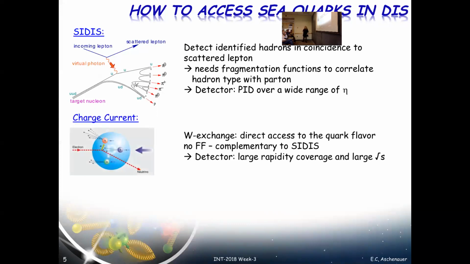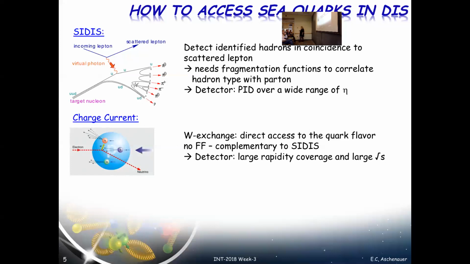Then we have charged current, which is actually very nice because you have direct access to the flavor. You don't need fragmentation functions, so it is a very nice complementary check. For the detector, you need large rapidity and you need large Q square.